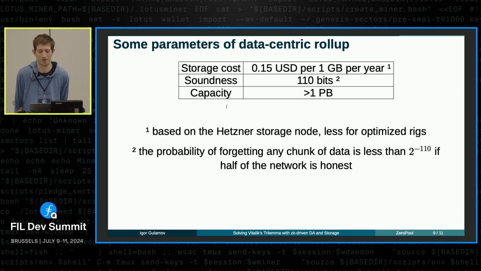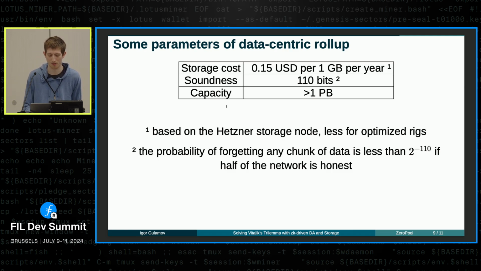That means that if half of the network is malicious and performs attacks to deny the service, we have this probability of 2 to the power of minus 110 that we forget something.